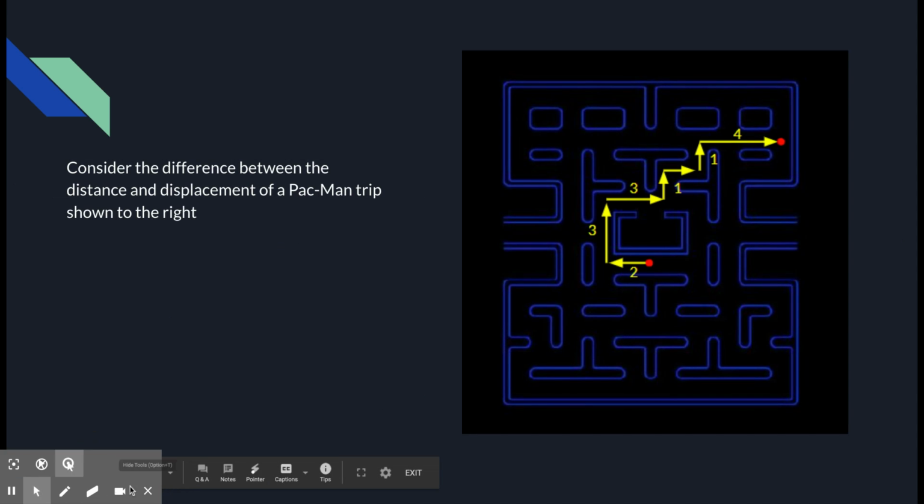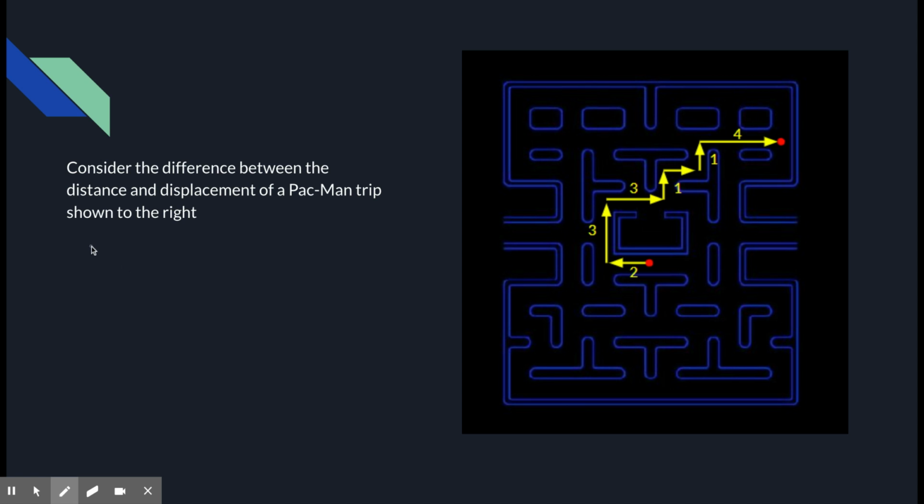Okay, if you look at this little Pac-Man game, consider the difference between distance and displacement for the Pac-Man trip shown to the right. The distance is usually the easiest one because all you have to do is add the total up.